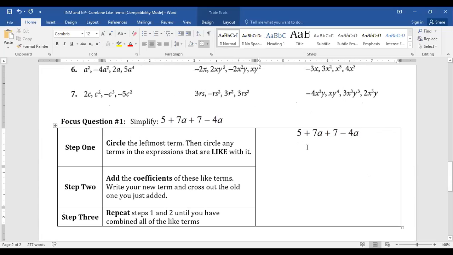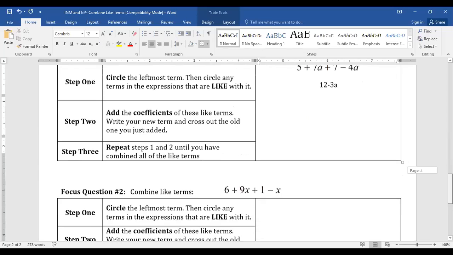Yep, 5 and the 7 go together, so there's 12. And then 7a and minus 4a, good, good. So 7 minus 4 is 3. We're left with 3a, right? Great example of combining like terms in a fairly simple expression.